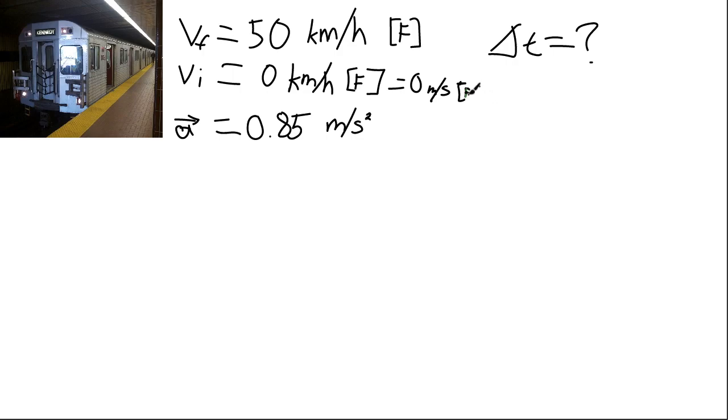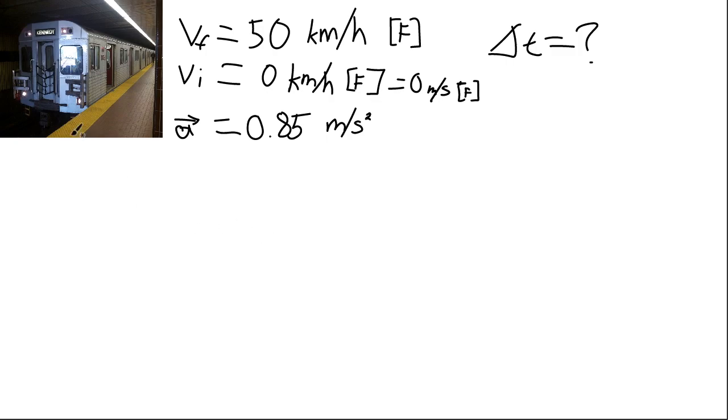And we'll have to do a little bit of trickery to convert the 50 kilometers per hour into meters per second. So here's a little shortcut conversion ratio you can use.